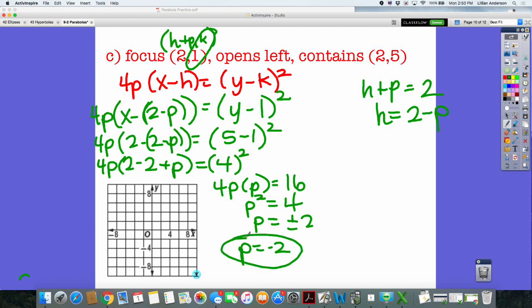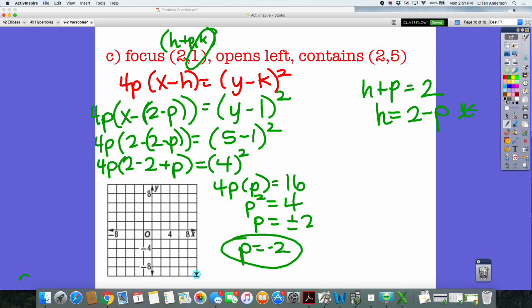Now, if you're like, oh my goodness, Ms. Anderson, I'm out of space, don't worry. We are pretty much done. We're going to write our equation. h does equal 4 because I take this p and plug it into this equation back up here. Remember when we solved from the beginning for h? We just found p, so we can plug it in. What is h? 4.